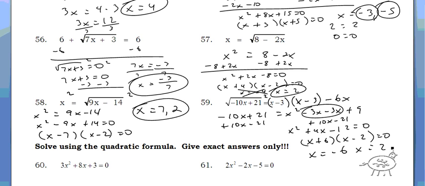Okay, again, I plug it back in my original problem. The negative 6 doesn't work. Let me erase this a little bit here now on top. This was my original problem.